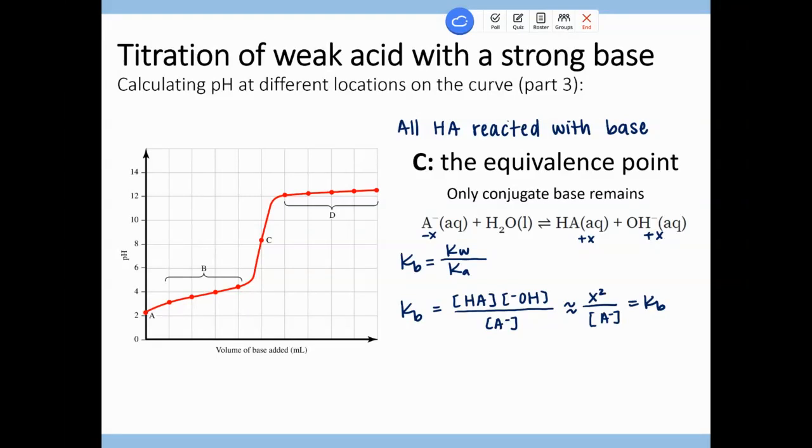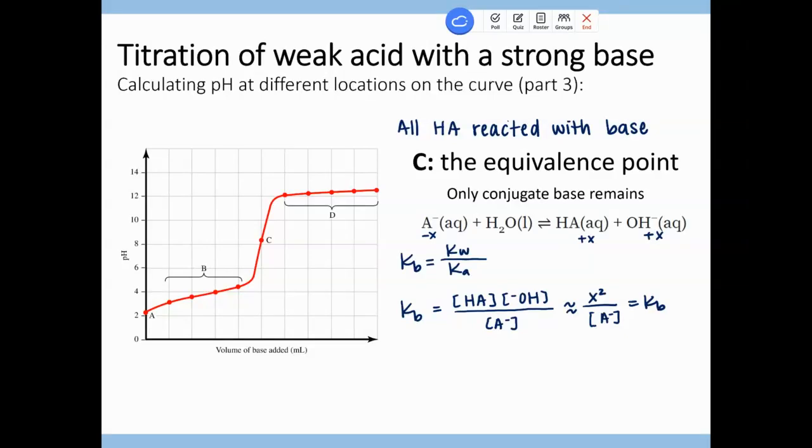So rearranging in the same way as we did for that first part, X on its own is equal to the concentration of OH minus. So we'll solve for X, which will be the square root of Kb times A minus.